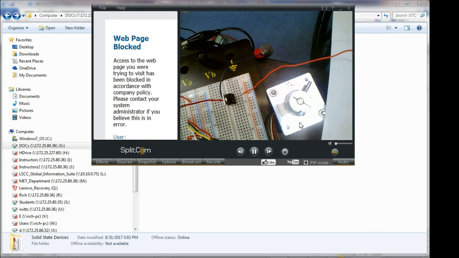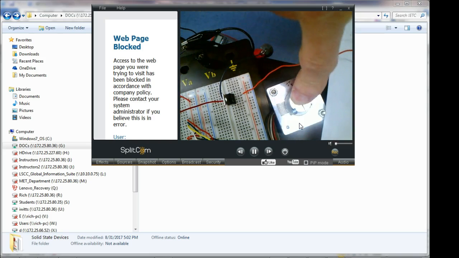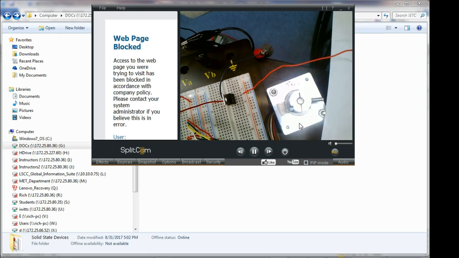See my stepping motor jumping around. DC motors generate a lot of electromagnetic interference, guys, on that commutator switching in the back. So my electronic circuit running this other motor is picking it up. See my stepping motor jerking around over here?